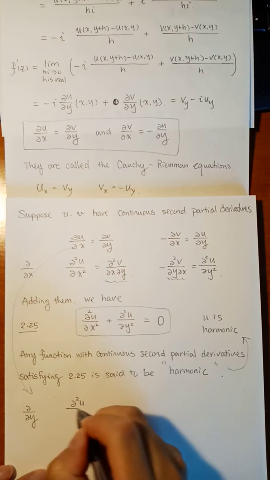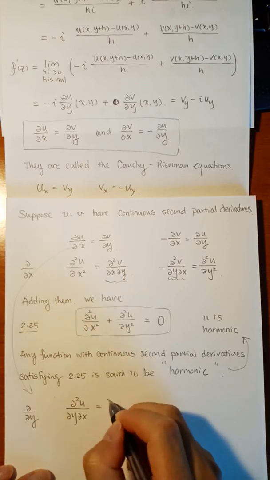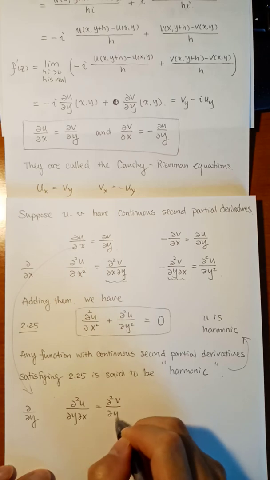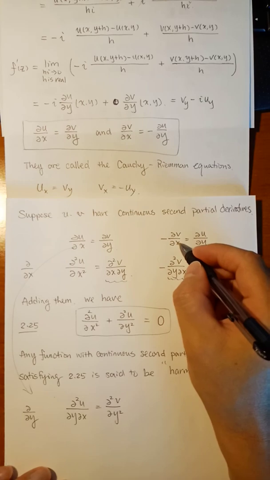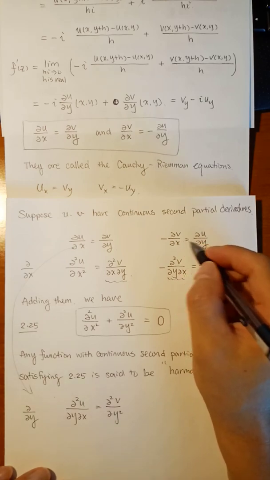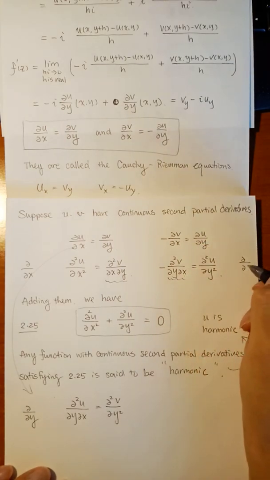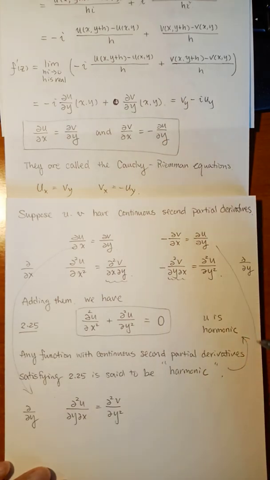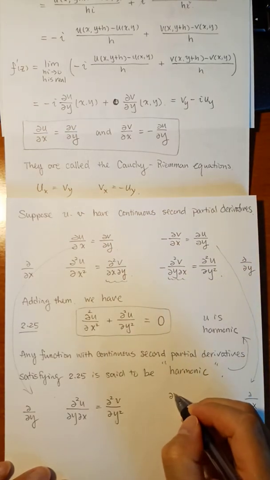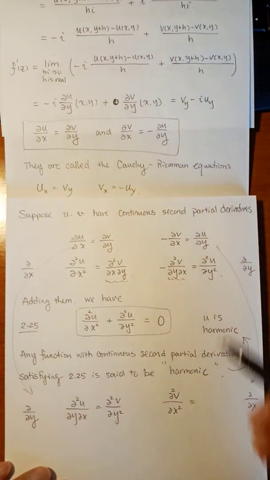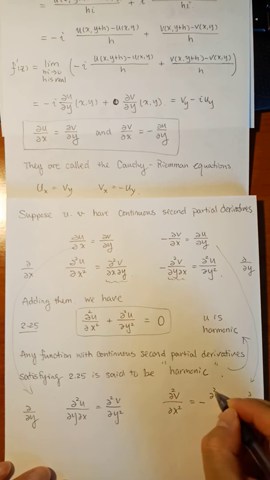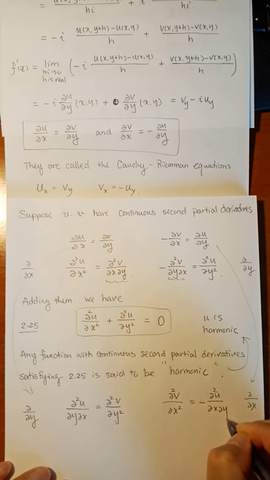So we get partial squared v partial x squared equal to, using the original one, negative partial squared u partial x partial y.